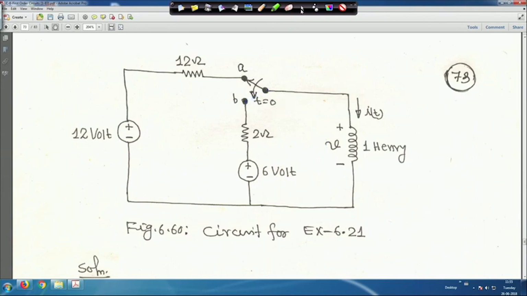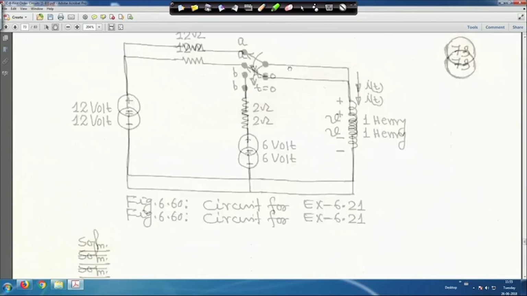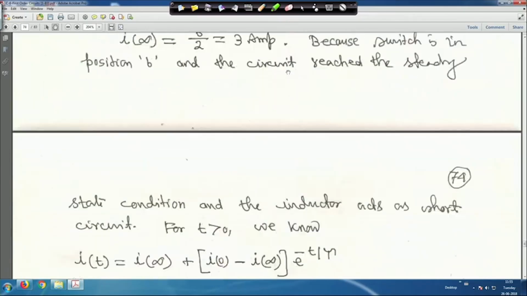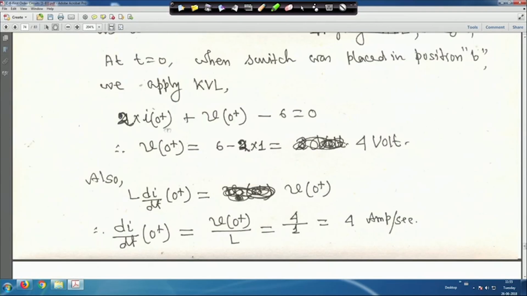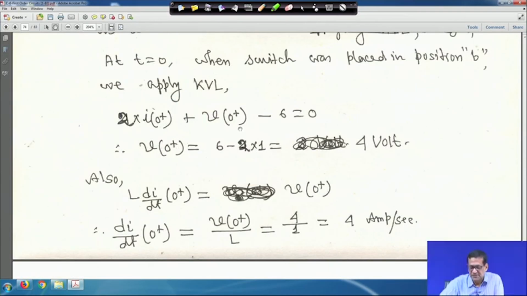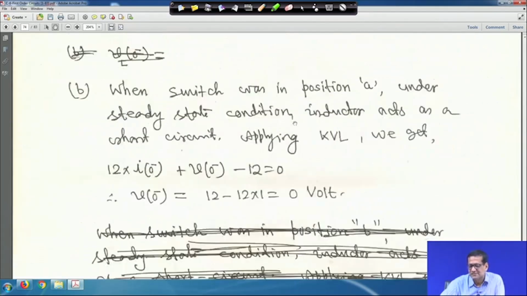So, if you do so, you will get 2 I 0 plus V 0 plus minus 6 is equal to 0. Just in that loop, please apply it and take I equal to I 0 plus, because at the time of switching, the current through the inductor cannot change instantaneously.